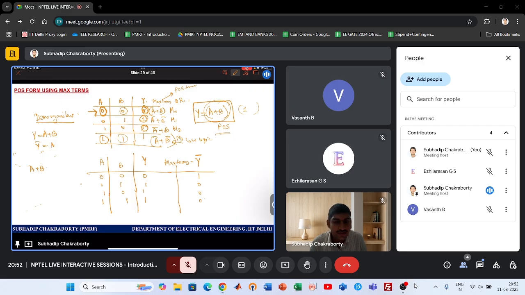That is, when a is 0, you write as a. So then we got y. But y bar would be a plus b whole bar. And by De Morgan's law, a plus b whole bar is nothing but a bar dot b bar. Similarly, ab whole bar is nothing but a bar plus b bar.